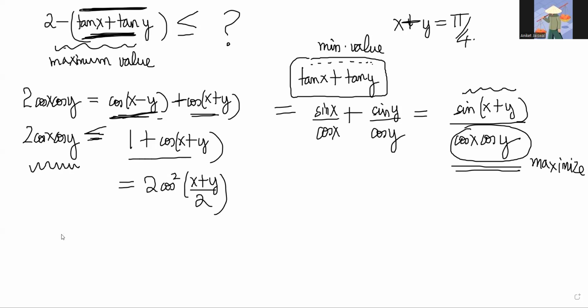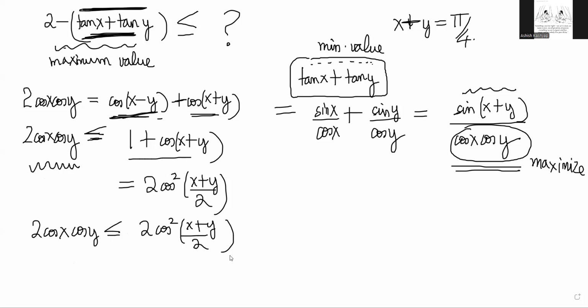So we are getting 2 cos x cos y is less than or equal to 2 cos square of x plus y by 2. So basically cos x cos y is less than or equal to cos squared of x plus y by 2. Correct?